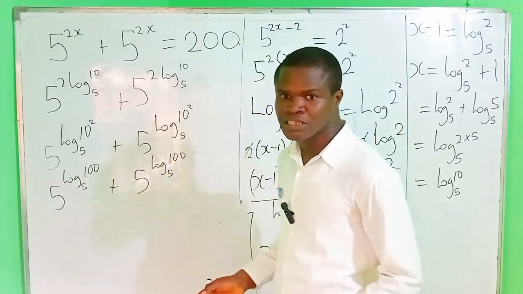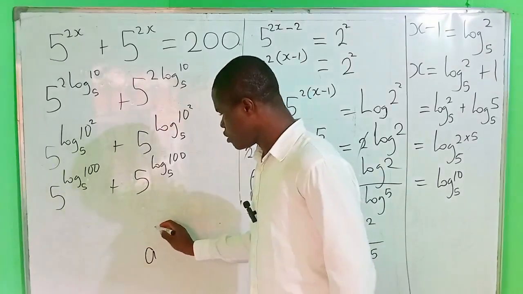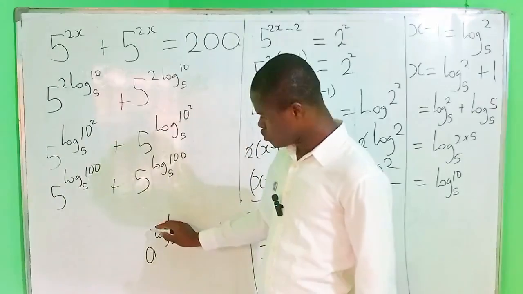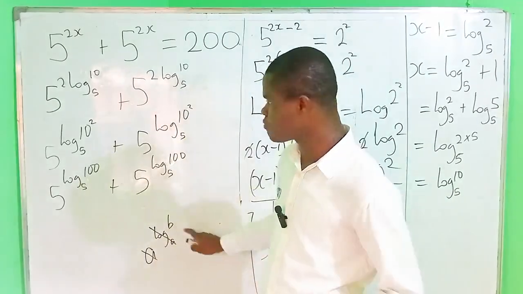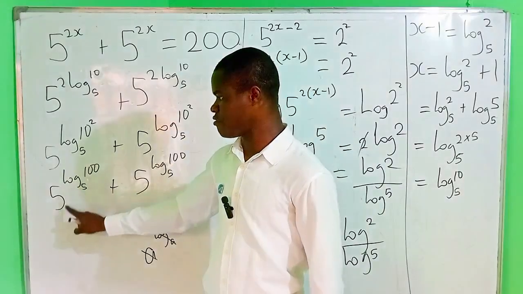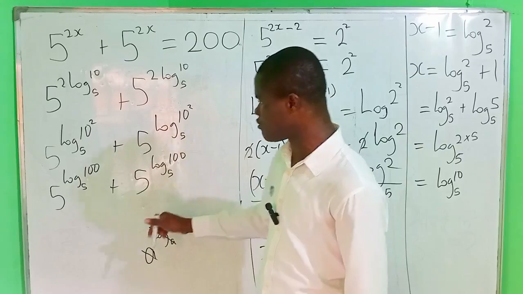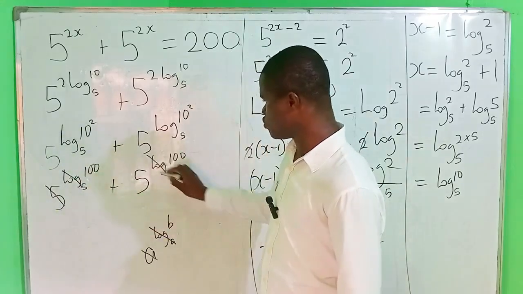Remember the index logarithm law that says that when you have a raised to the power log b in base a, we cancel out this so that you are just left with b. Since this is log with base 5, and that is log with base 5, this will take care of this and this will take care of this.